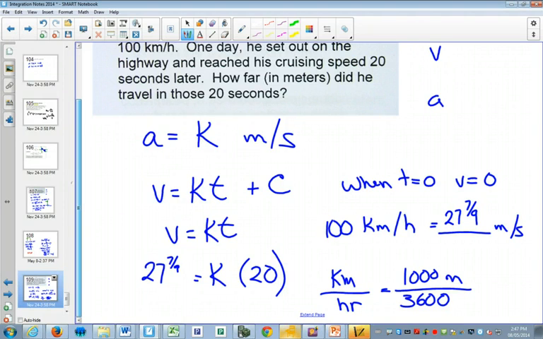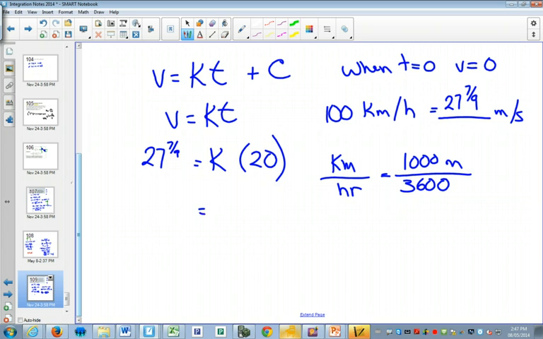So what's k? Oh, well. 25 over 18. So divide both sides by 20, and then use that fancy thing on your calculator which changes the decimal back to a fraction. Does everybody know how to do that on their calculator?